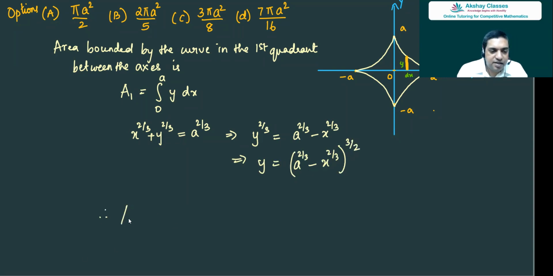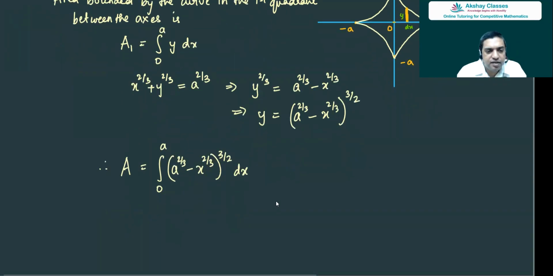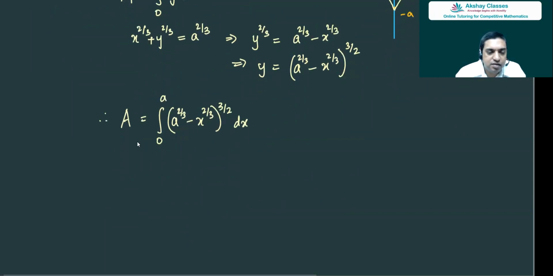Therefore, this area A will be integral 0 to a of (a to the power 2 by 3 minus x to the power 2 by 3) whole to the power 3 by 2 dx. Okay. Now this is the integral. How to solve this particular integral? There's no standard way. You have to use substitution.